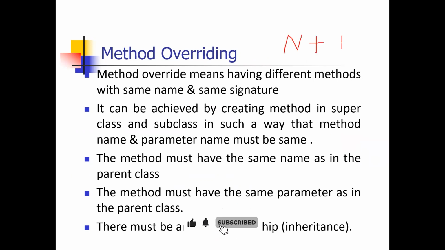and a different signature, that's called method overloading. But if you're using the same name with the same signature, that is called method overriding. It means the name of the method is the same and the parameters are also the same. Method overriding means having a different method with the same name and same signature.